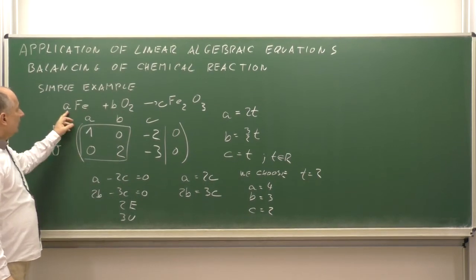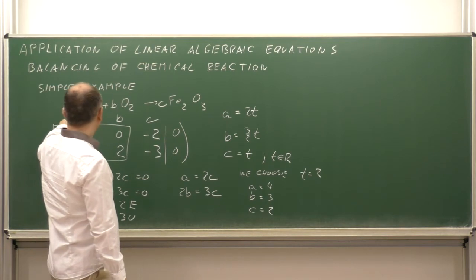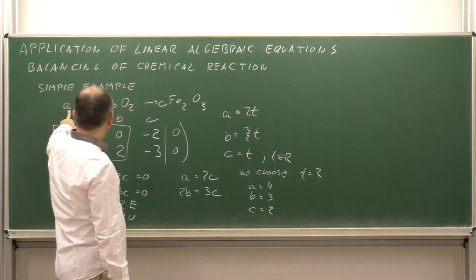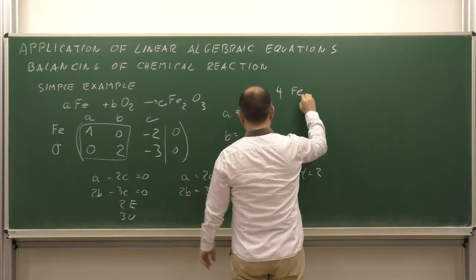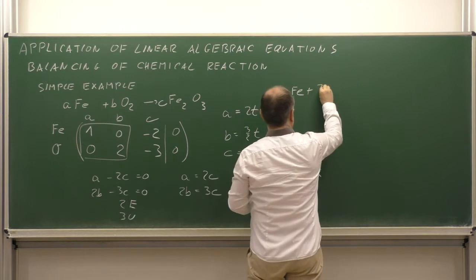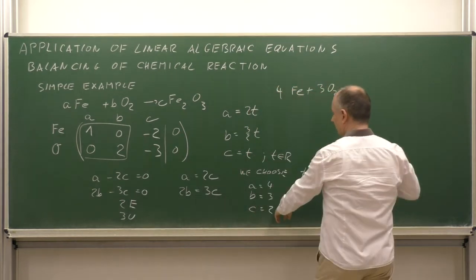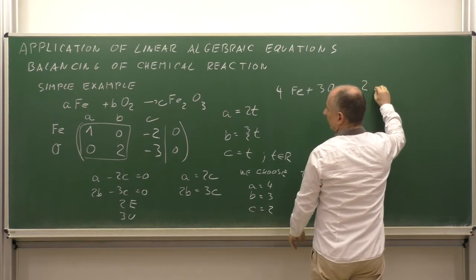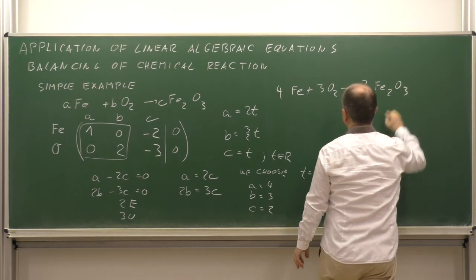That means we can write this chemical equation as 4 iron plus 3O2 give rise to 2Fe2O3.